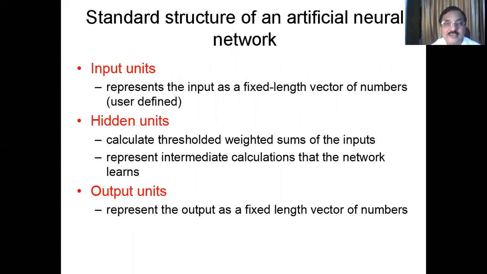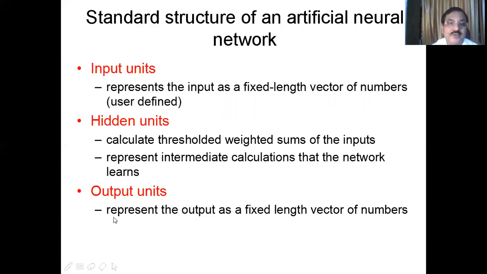In the standard structure of an artificial neural network and a human neural network, we classify the total units into three parts. The input unit represents the input as a fixed-length vector of numbers. The hidden unit calculates the threshold weighted sum of the input and represents intermediate calculation in the network.